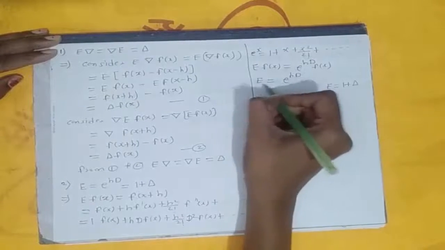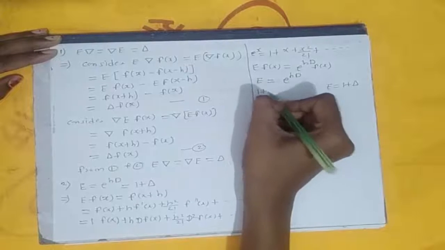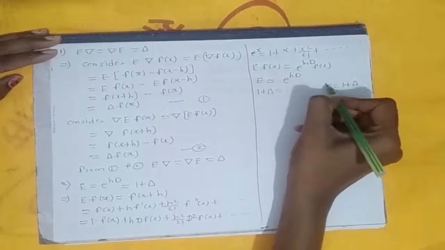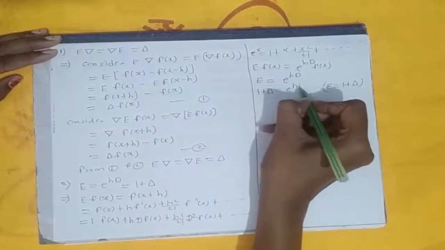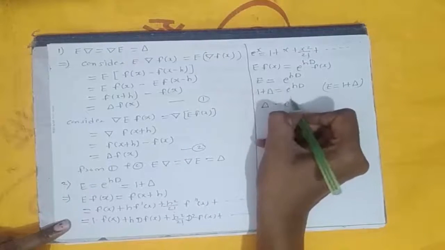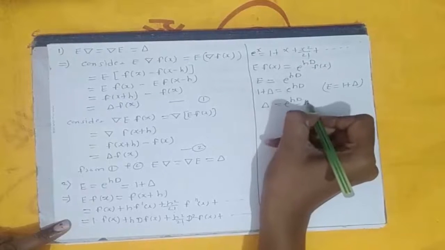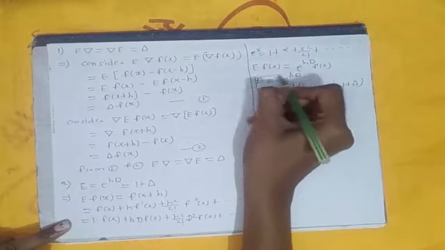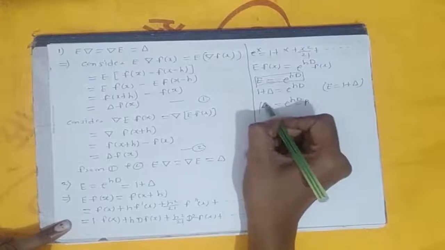We can use here, instead of E, 1 plus delta, then we get 1 plus delta is equal to e raised to h into D. Or we can write delta is equal to e raised to h into D minus 1. Okay, so in this way we can prove this identity.